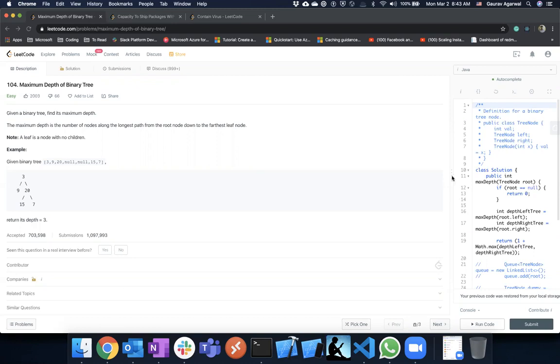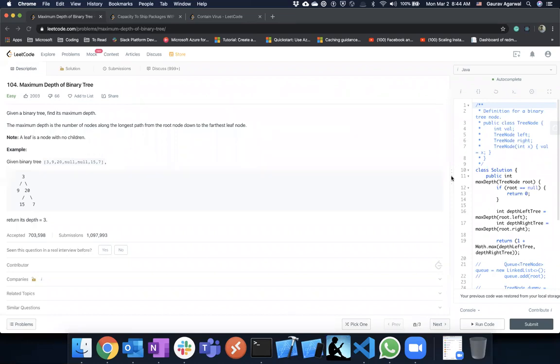Can you please repeat the space complexity in the first approach, the BFS approach? So at any given point of time, what's the maximum number of nodes that can be in the queue? So it is basically the nodes at a particular level. Yep. So whatever the nodes are at the very last level, that should be the count of maximum nodes that can be in the queue at any given point of time.